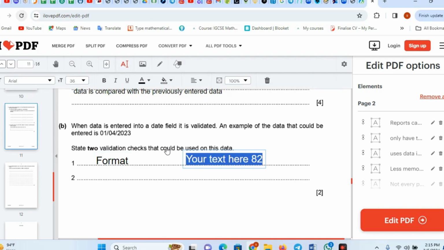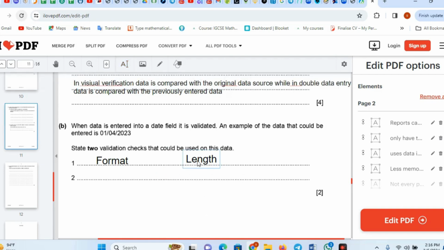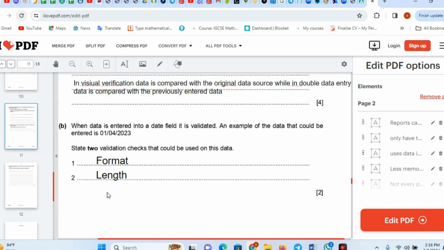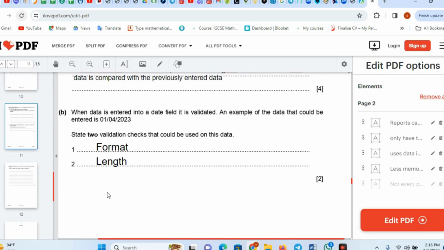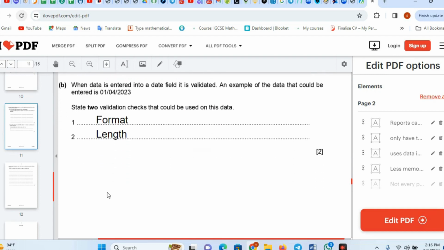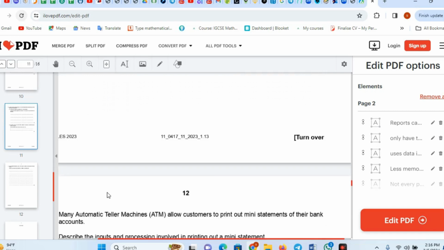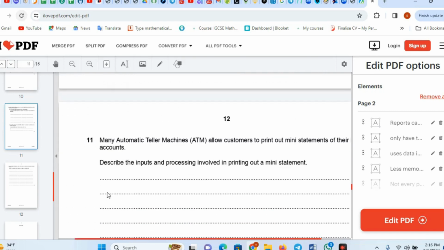Then you can decide to change the length of the data that is being entered. Do we understand? We are told to list two, and this is two already. I'll just give you two more, but I will not type them here. Those two are range, where you can check the range, and type, where you check the type or character of what you are entering. All right.